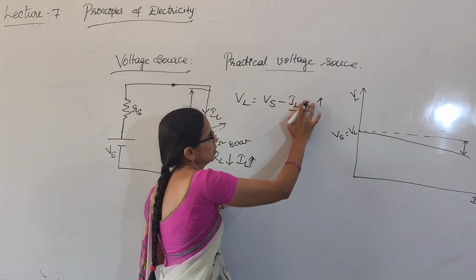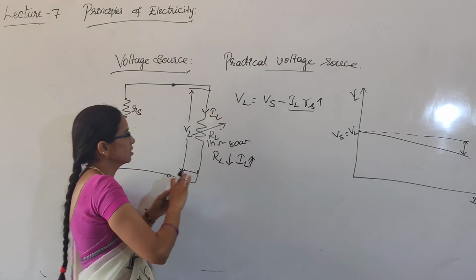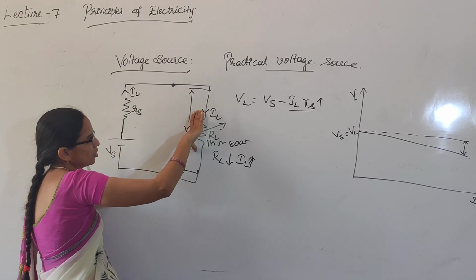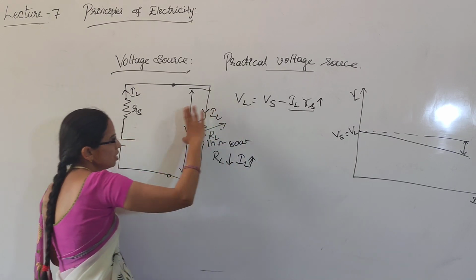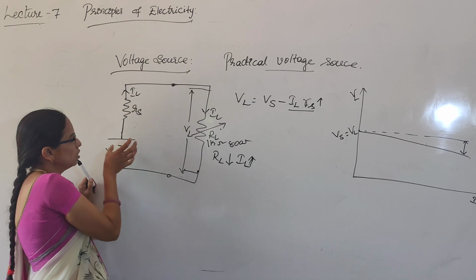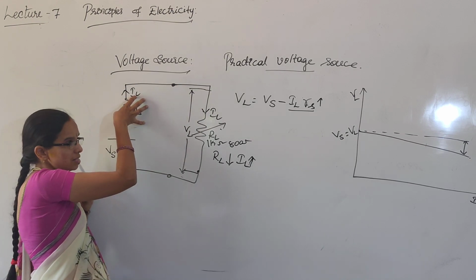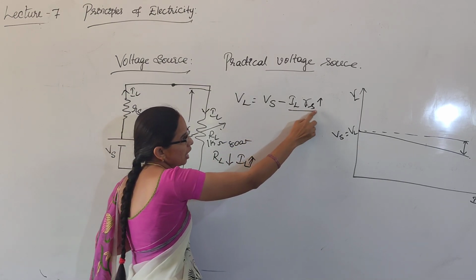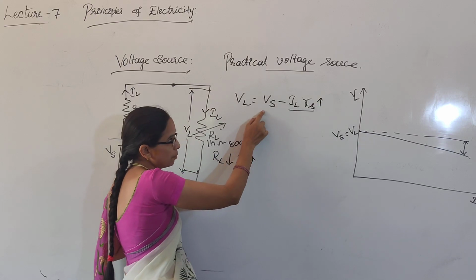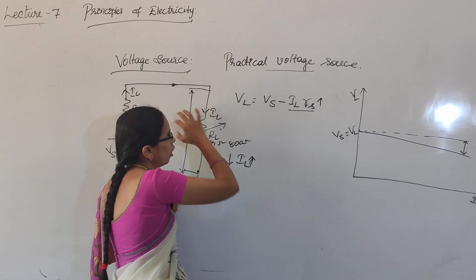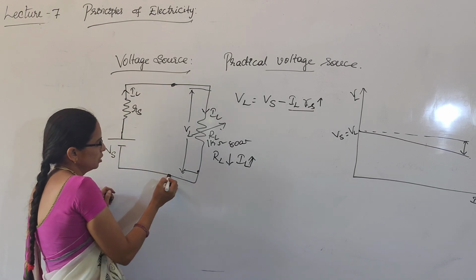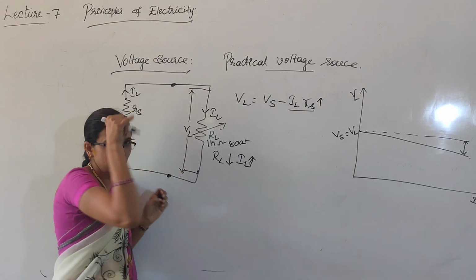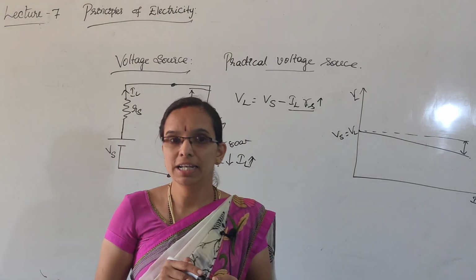The voltage drop across the load is equal to Vs minus the voltage drop across RS. Sorry, it is ILRS. So if RL decreases, IL increases, ILRS increases, and the outcoming voltage VL decreases, that means the terminal voltage decreases.